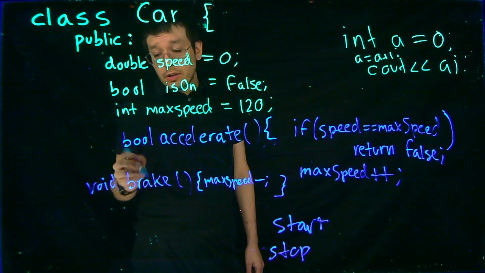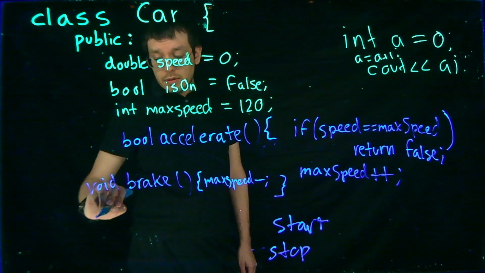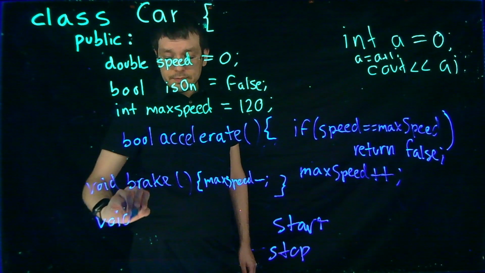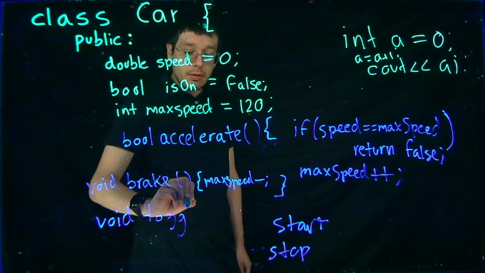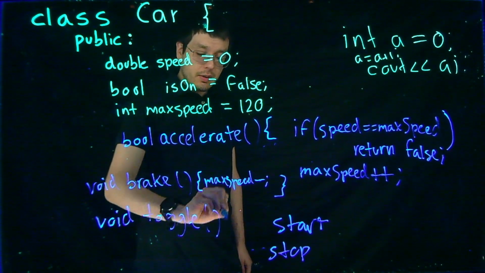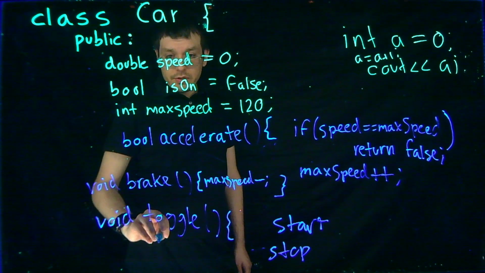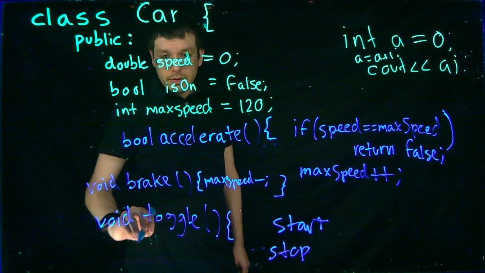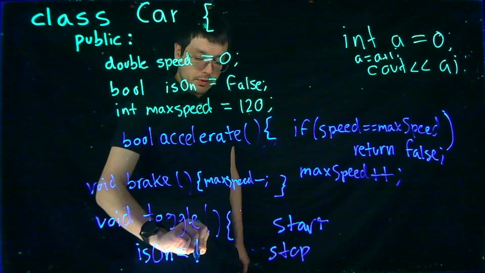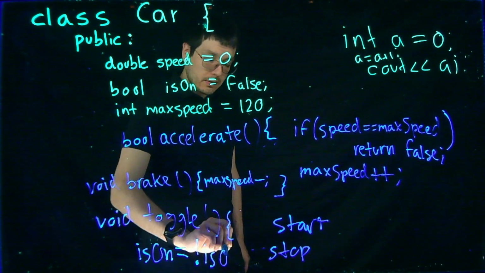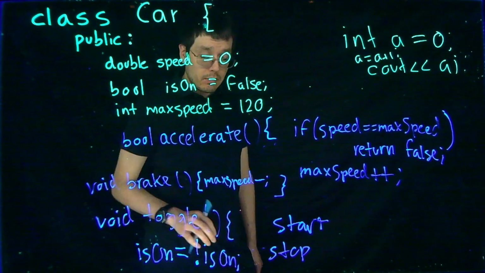Okay, and then for start and stop, I'll just do one of those. I'll do start. Or I'll just call it toggle, actually. Let's toggle. Toggle, all it's going to do is do the opposite of what it currently is. So is on is going to get the opposite of is on. So that'll flip it.